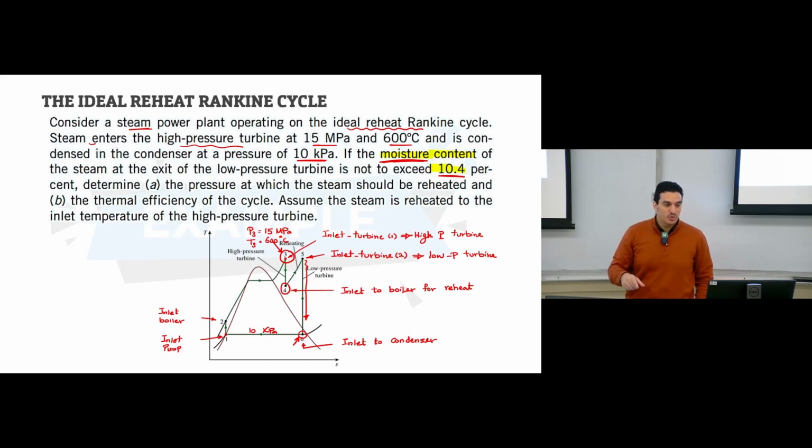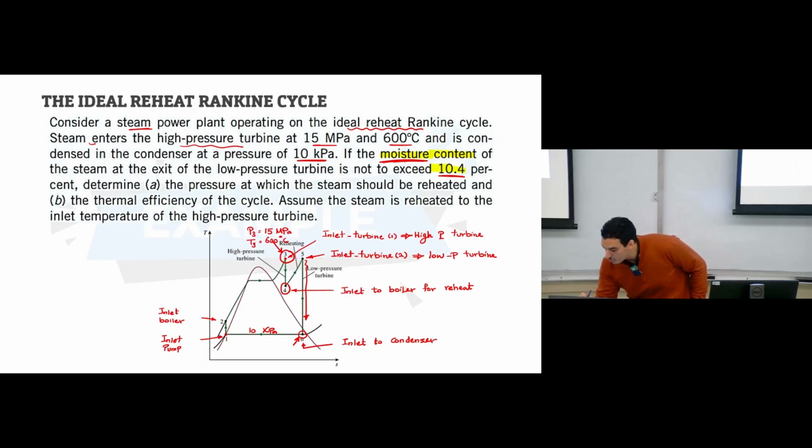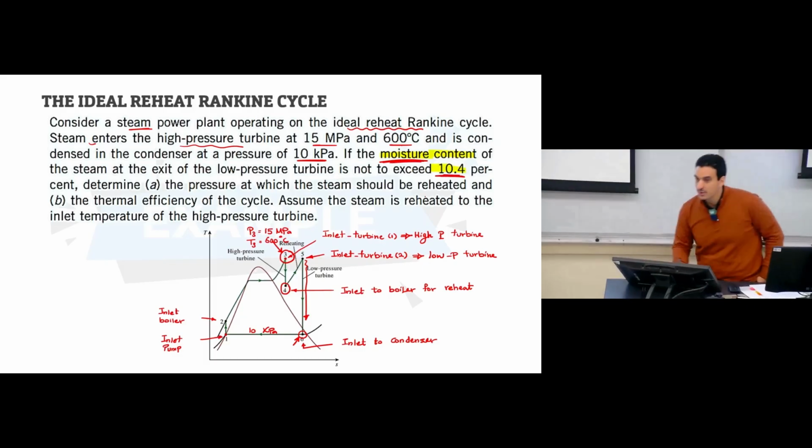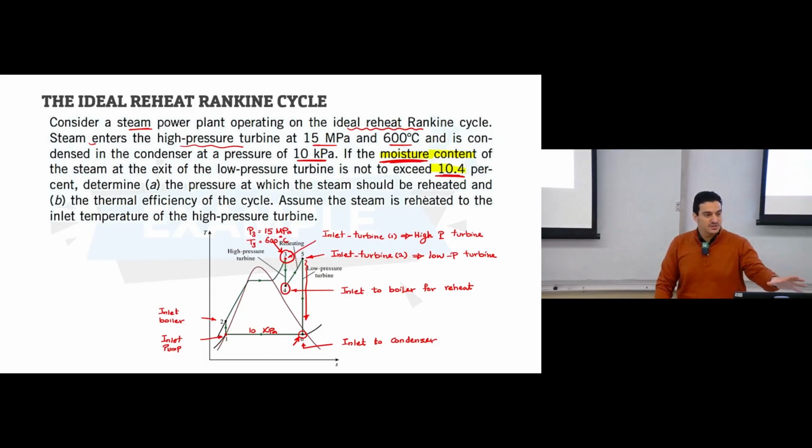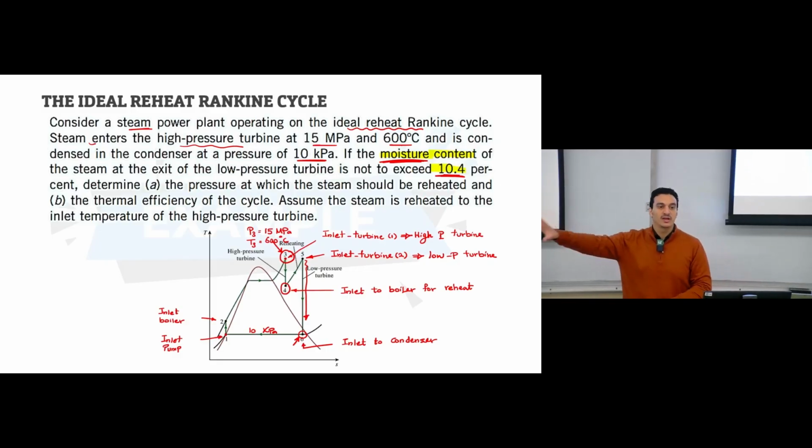Usually, do you remember in the equations, we use Q, quality. Quality represents the fraction of vapor, not the fraction of liquid, okay? Since we have liquid and vapor, the summation of both fractions is 1 or 100%. So if the moisture content is 10.4, the fraction of vapor is 100 minus 10.4, and you can calculate the quality.